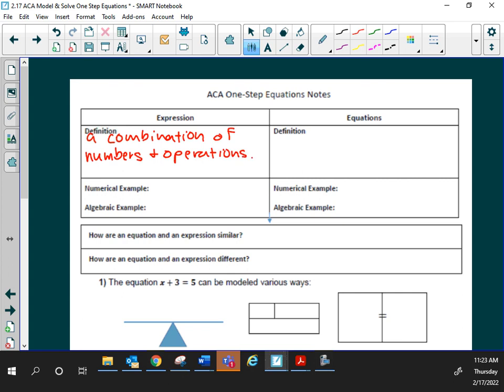And that's a true statement. 4 plus 5 is an expression. It has numbers 4 and 5 and then an operation of plus. Sometimes you can also include unknown things, and those unknown things are called variables. May include variables.